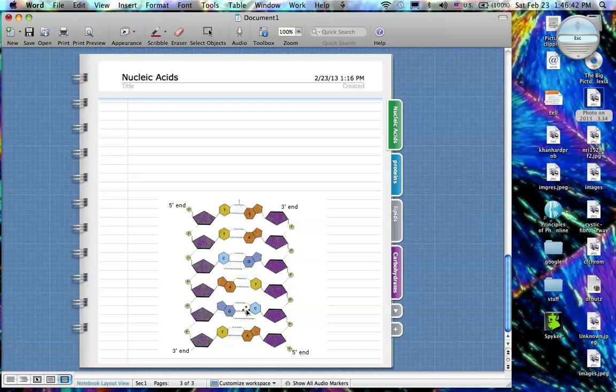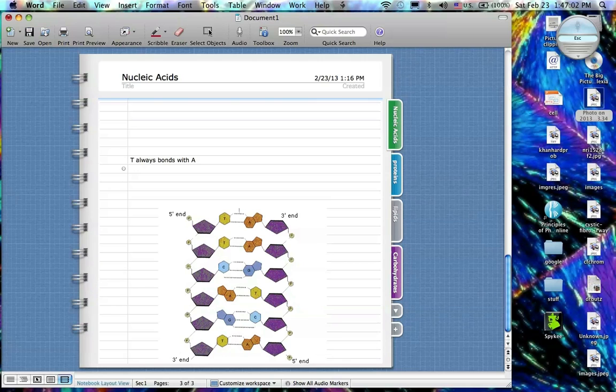As you can see, we have thymine or T, and I'm just going to refer to them by the first letter from now on. You have T always bonding with A, and C always bonding with G. Now, why is this important?